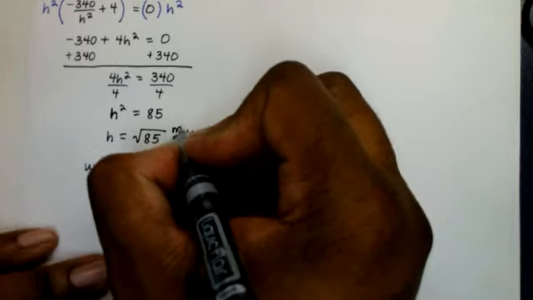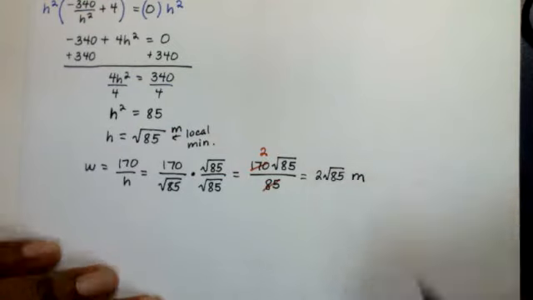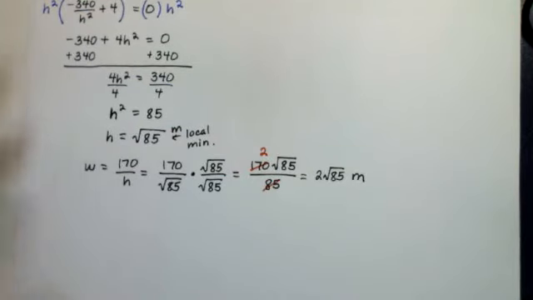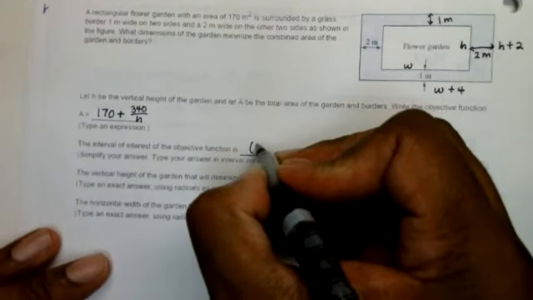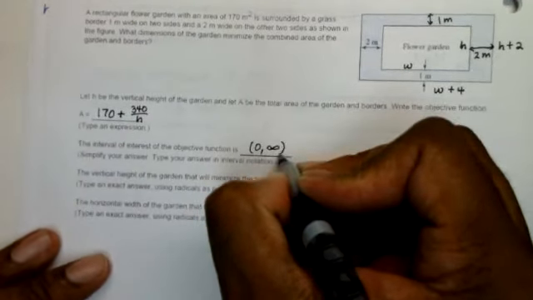I need to mention what those units are. All right, so to go back to this example here, that interval of interest was 0 to infinity. We've got to fill that in.